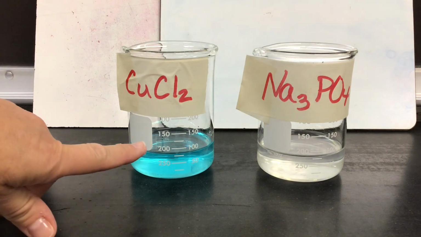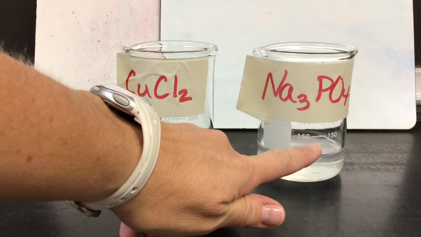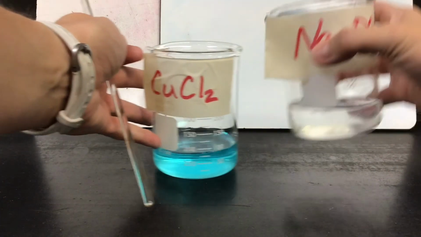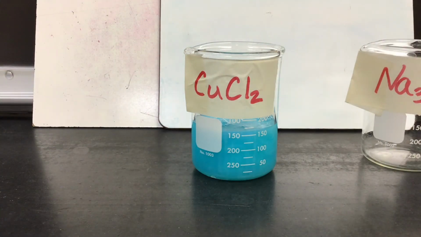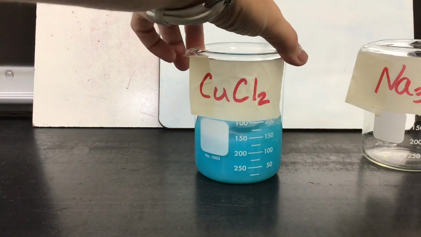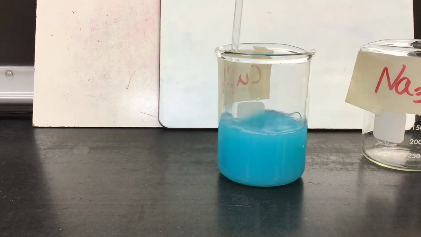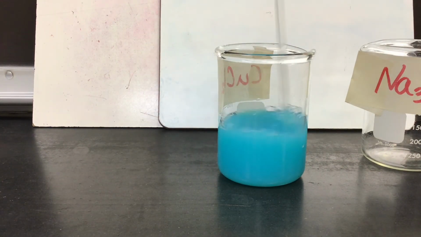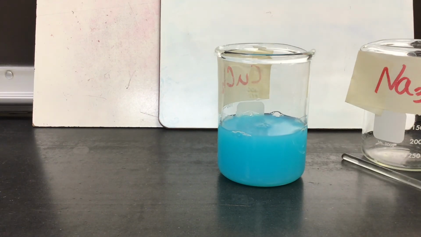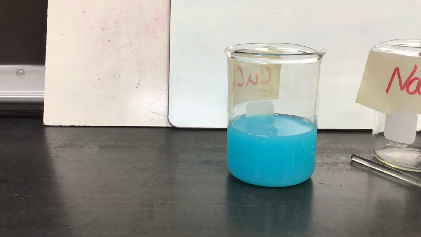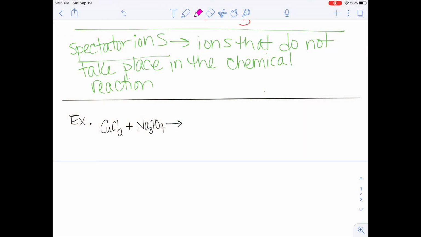If we take copper(II) chloride and sodium phosphate and put them together, you see a blue precipitate form. I got some cloudiness and particles. Now we need to figure out what those blue particles were, or what precipitate was formed.